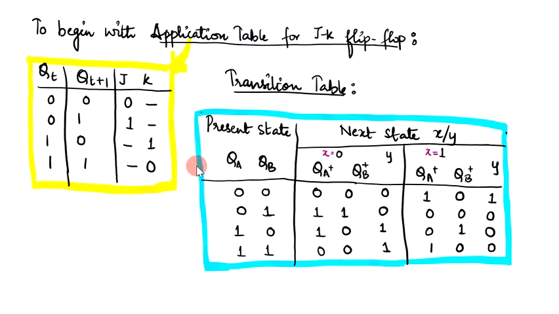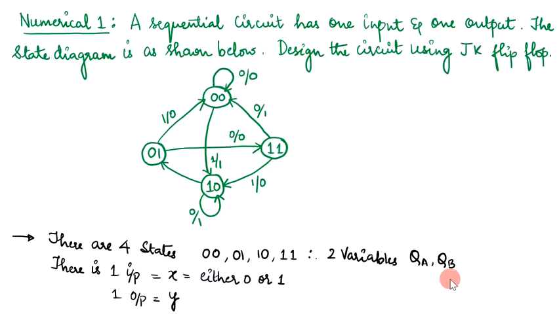Usually this application table would be generated from the next state table. From this application table we go to the transition table. In the transition table we have already identified that we are having 2 variables, QA and QB.